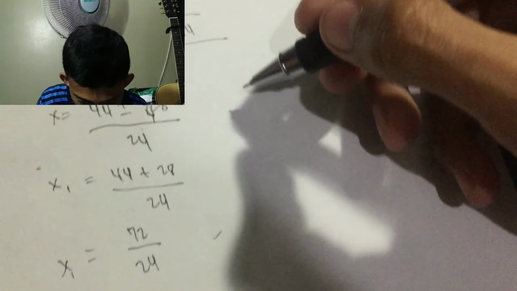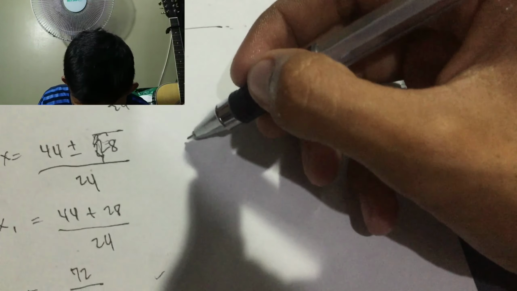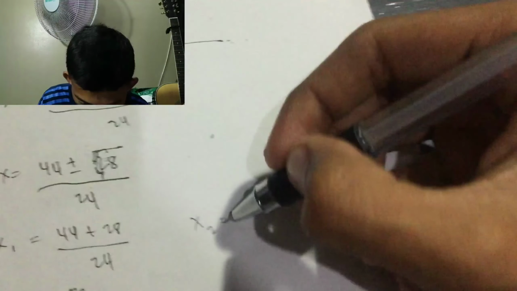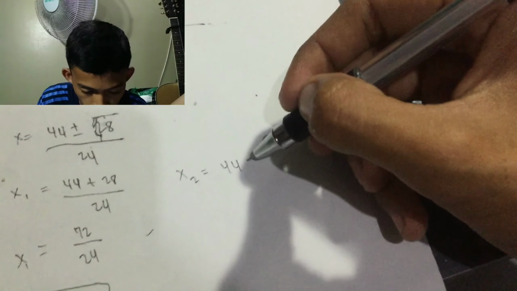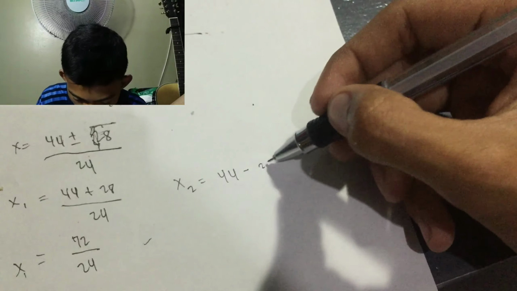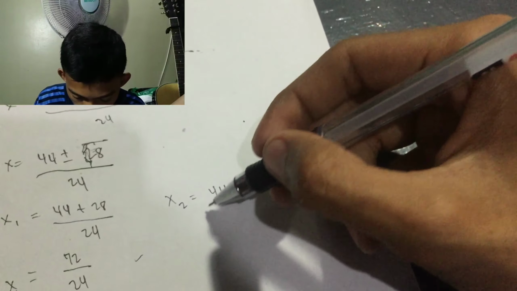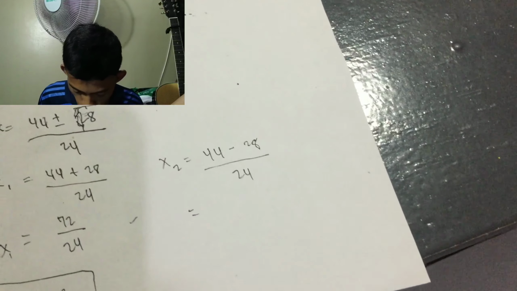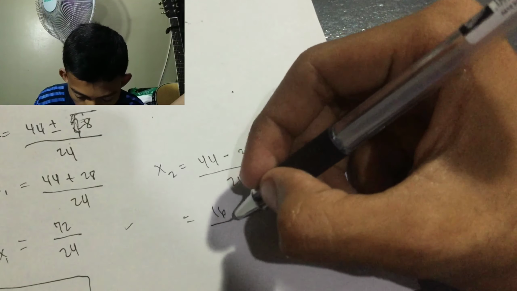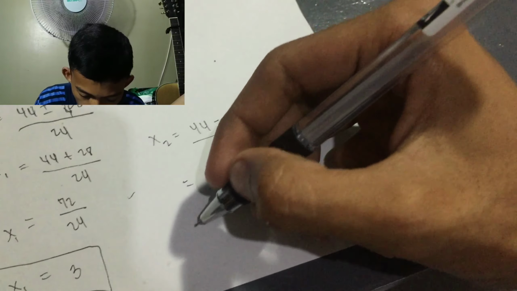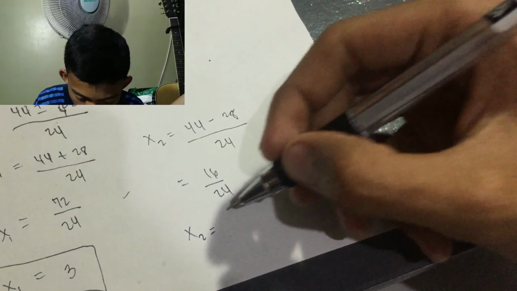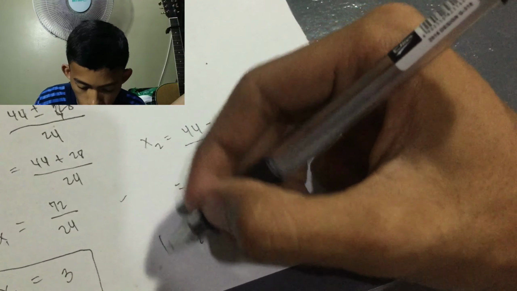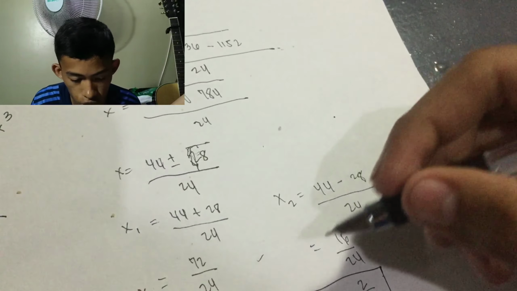And then our x sub 2 is equal to 44 minus 28 divided by 24. 44 minus 28 is equal to 16. So 16 divided by 24, our x sub 2 here is 2/3. So we have now our critical values.